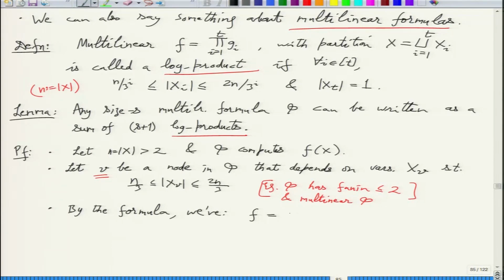F is whatever is computed at V, that is phi V, times f v prime, plus f v equal to 0, where phi v is V's output, and f v prime has variable subset x v complement.